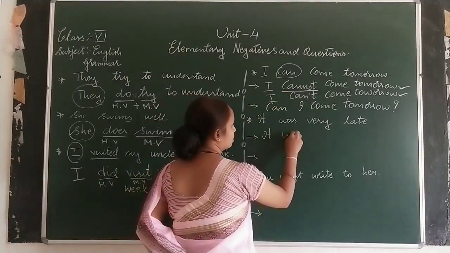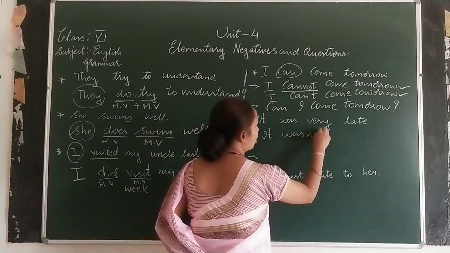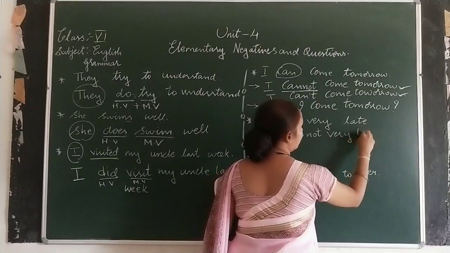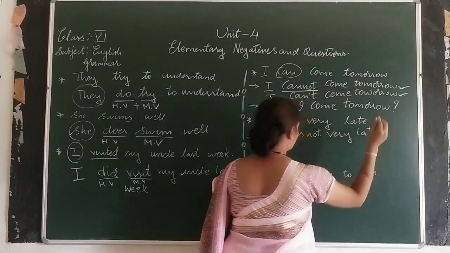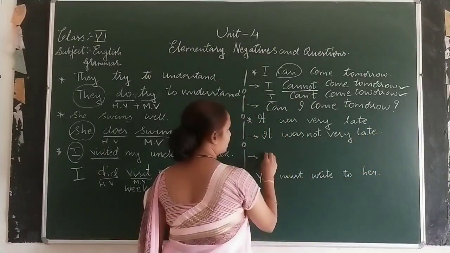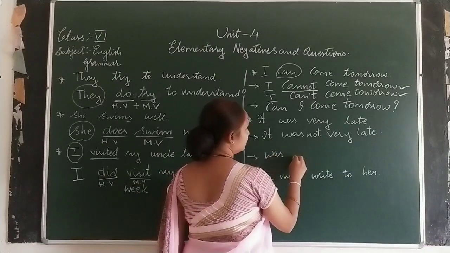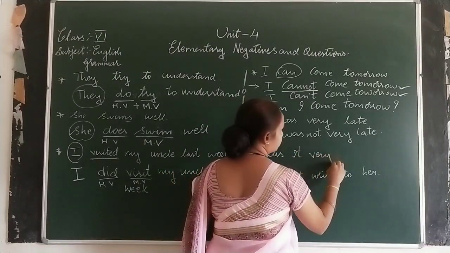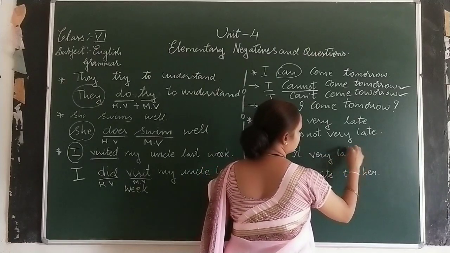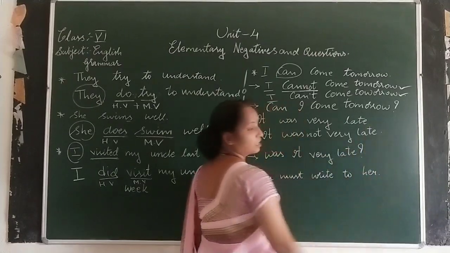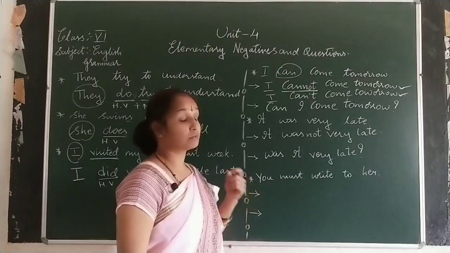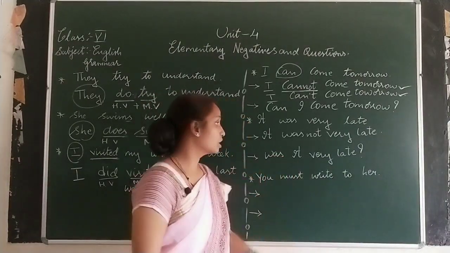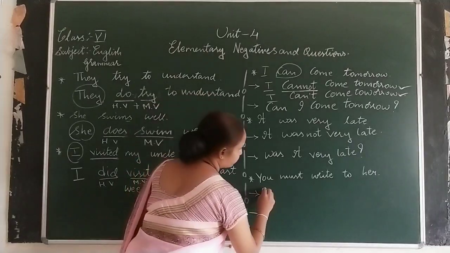Once again, one more example I am showing you. It was not very late. The same thing, as a questioning sentence: Was it very late? Punctuation is very important while writing the question. Okay, next.